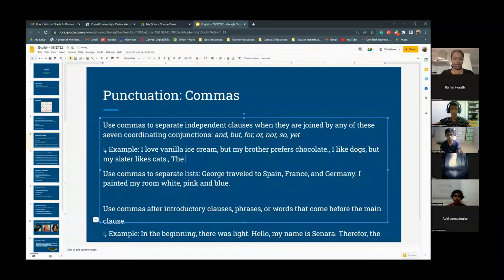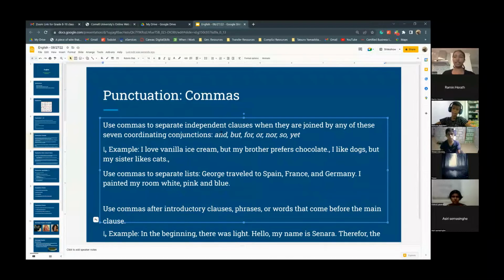When I write the sentence, it would be like this: I like chocolate and vanilla ice cream. It wouldn't be joined by a single comma, because it doesn't have two separate independent clauses.